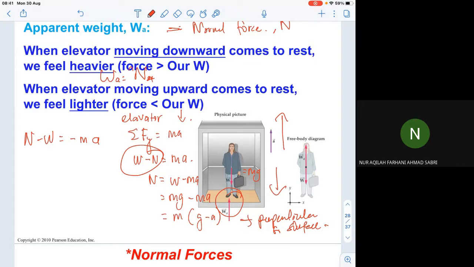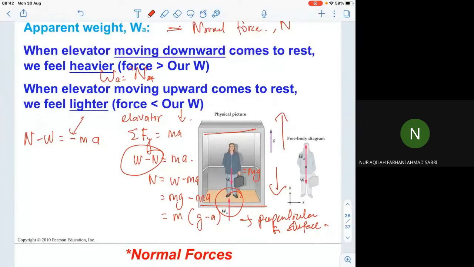When the elevator is going upwards, N will reach the top first. When the elevator is going downwards, acceleration also downwards, then W will reach the ground first. So you can put N minus W, but you need to put a negative here.